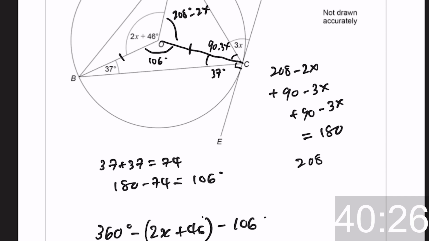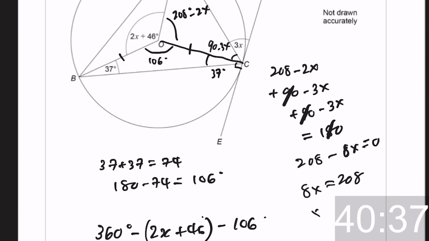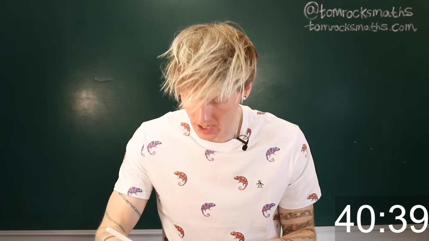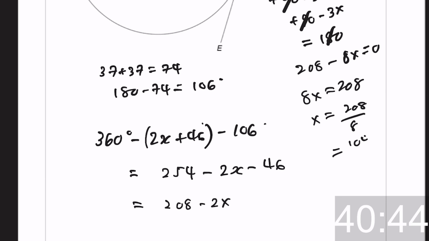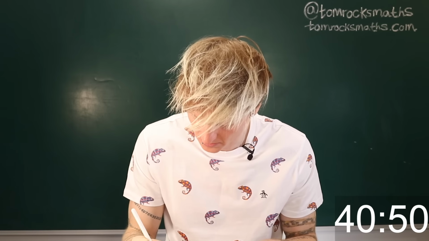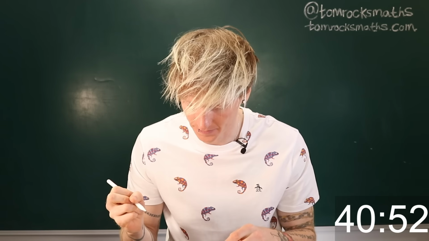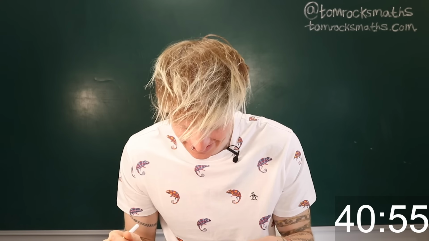So that means 208 minus, cancel, cancel, cancel, minus 8x is 0. 8x is 208, so x is 208 over 8. That's 104 over 4, which is 52 over 2, which is 26. 26 degrees is x. Assuming I had to find x. Yes, right. So I think x is 26 degrees.